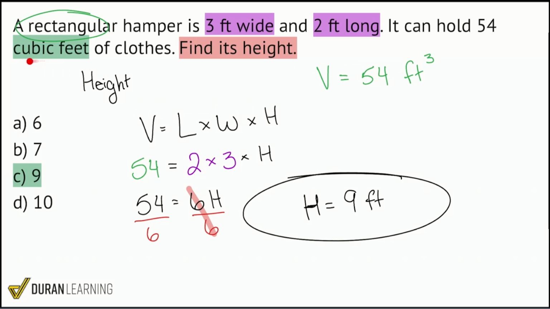And that's how we know that this is volume. If they would have said, hey, this rectangular hamper needs 54 square feet of paint, then that would tell me that we're talking about area because we said square feet. In this case, it's cubic feet, so that would be volume.